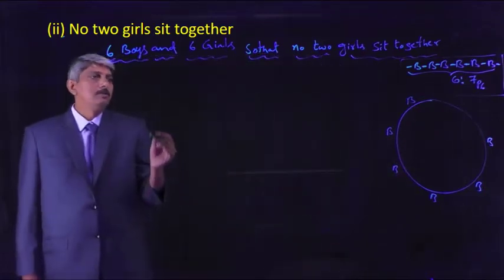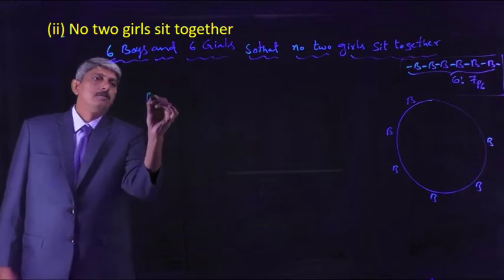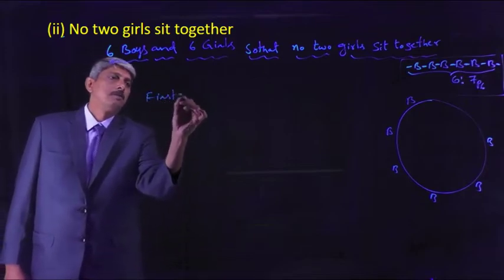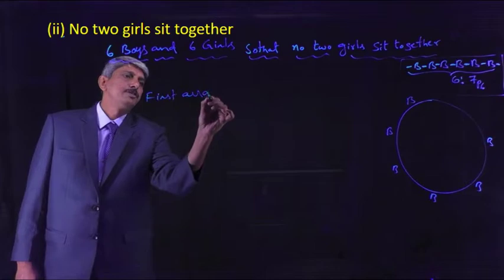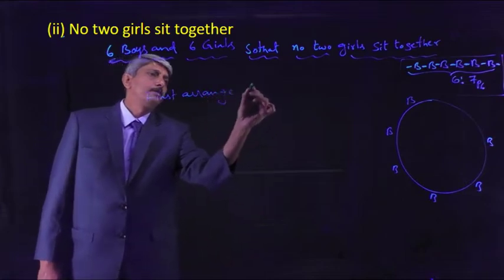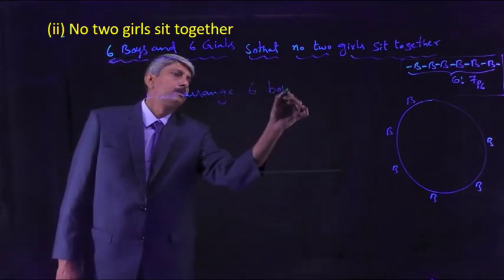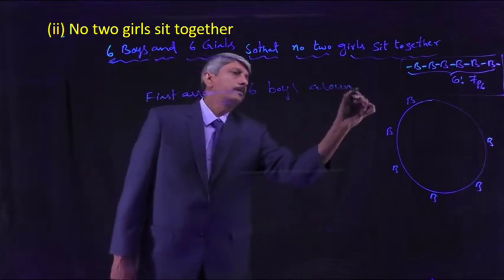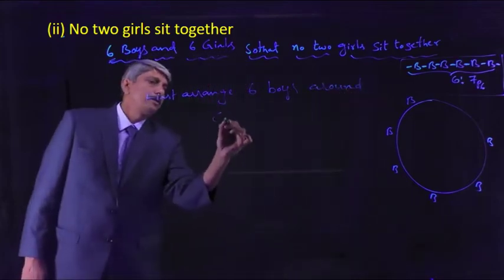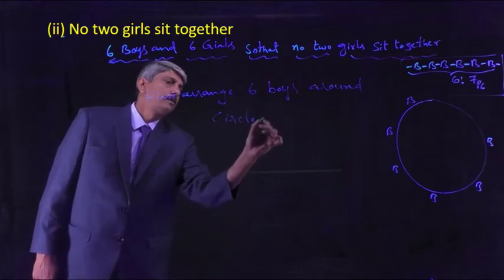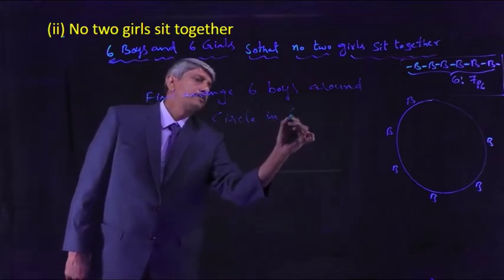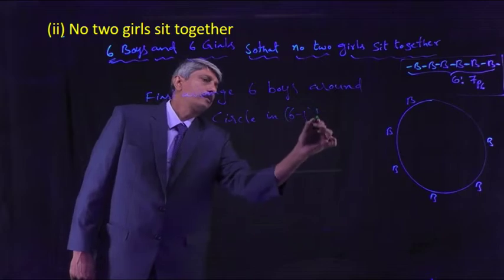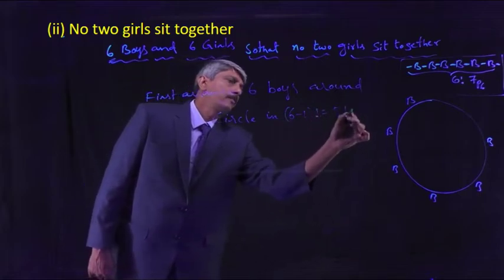First arrange 6 boys around a circle in 6 minus 1 factorial, that is 5 factorial ways.